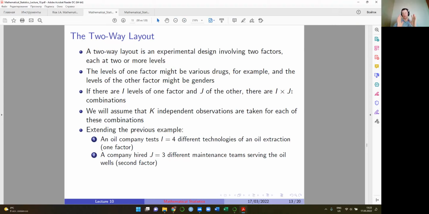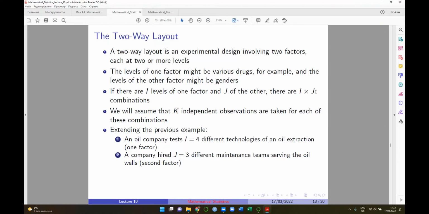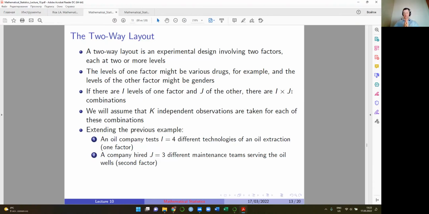So what does this mean? Look, let's say we have well number 1, and there is a first maintenance team working for 10 days. And we record every day how much this well with this first team produces. So K is going to be 10. Then this team goes to another oil well number 2.